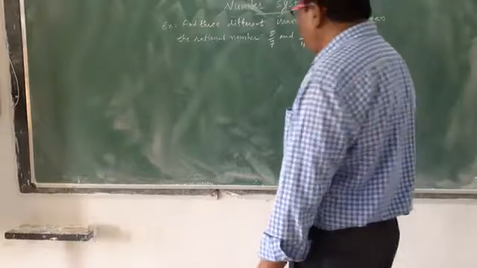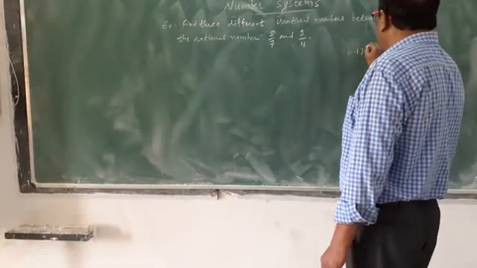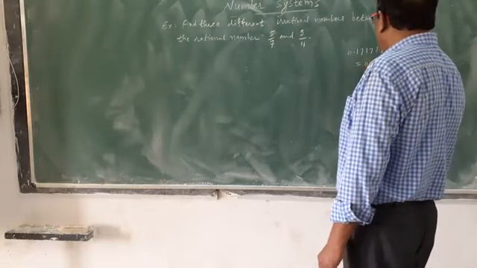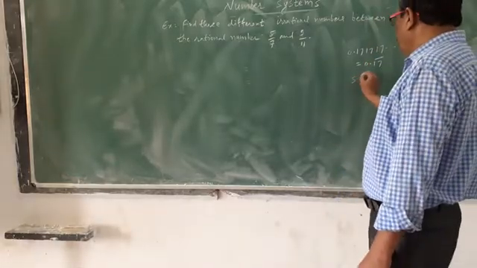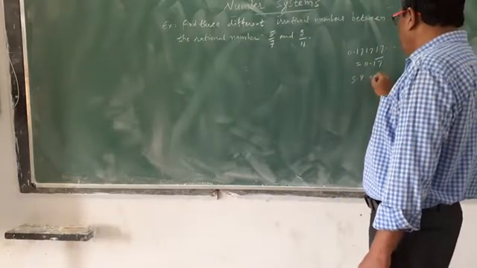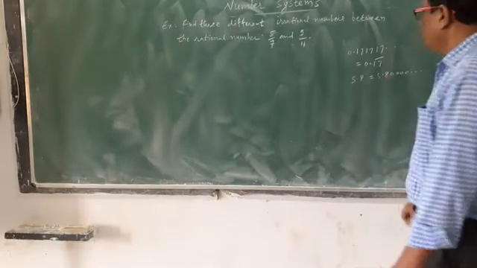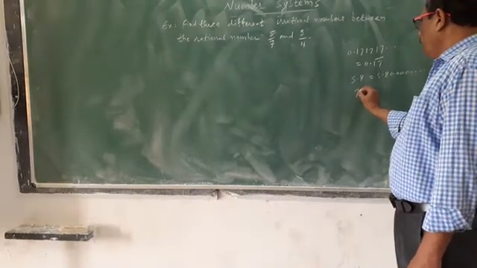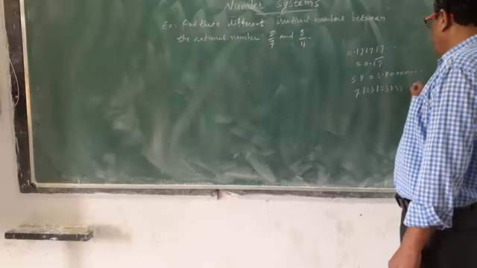Rational number means what? Rational numbers are like this: 0.17 bar, 5.80, 1.7123 like this.